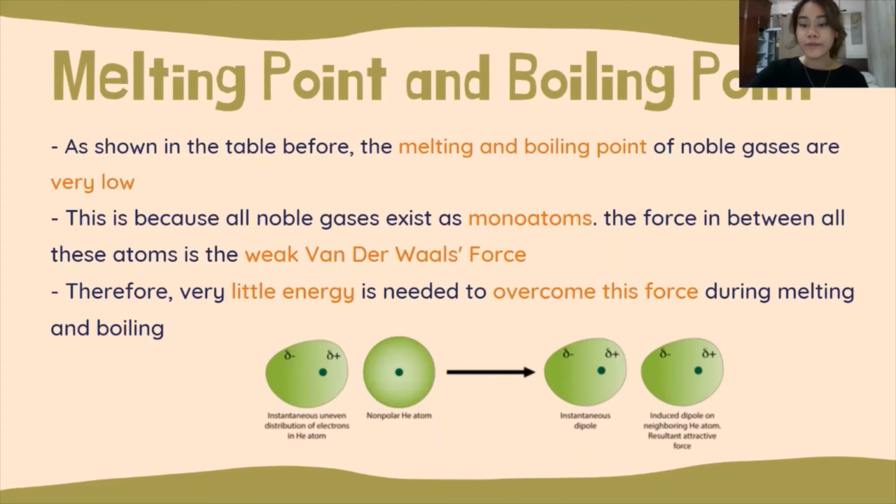For example, helium, He, only one atom. The force between helium atoms is a force between non-polar atoms, called the van der Waals force. Because they are monoatoms, the van der Waals force is weak. Therefore, very little energy is needed to overcome this force during melting and boiling.